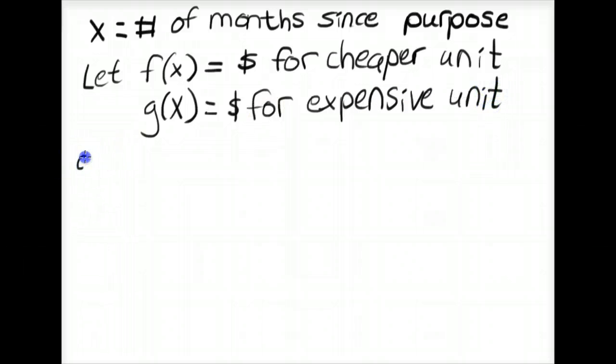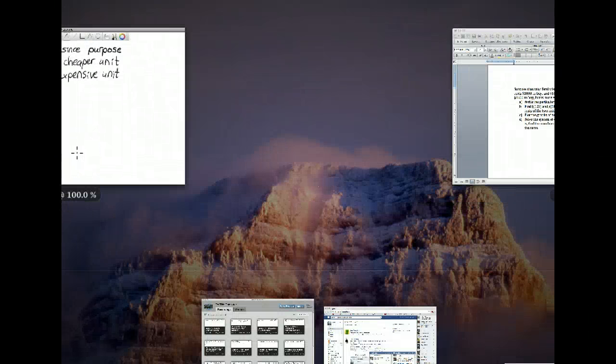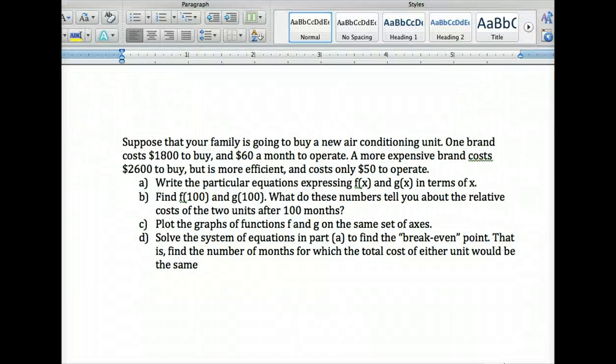So for part A, we want to find f of x and g of x in terms of x. So let's go back to the original problem. F of x, which is the cheaper unit, costs $1,800 to buy. So you're going to spend $1,800 regardless of how many months you operate it. And since it costs $60 a month to run the cheaper unit, it's going to cost $60x to run it for x months.